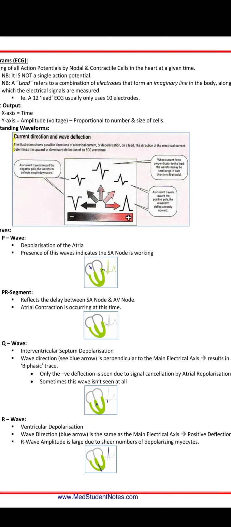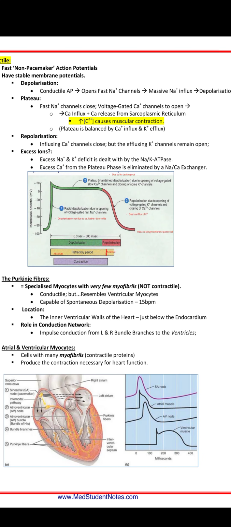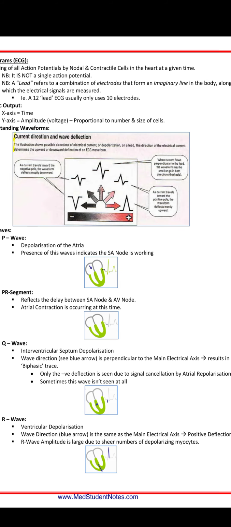So where are myocytes observed? They are observed in the papillary muscles and in the Purkinje fibers. So the R amplitude is large due to the sheer number of depolarizing myocytes.